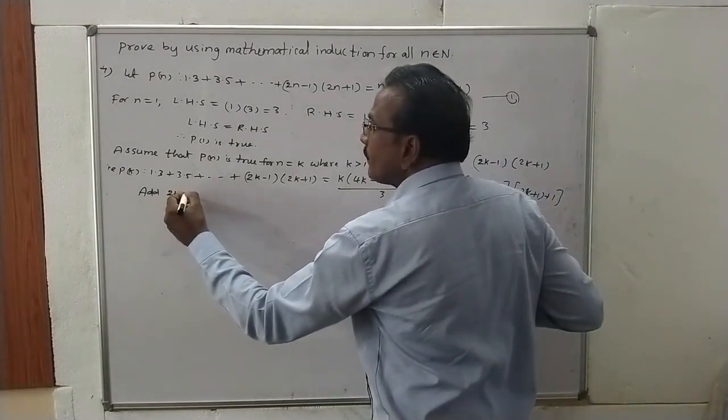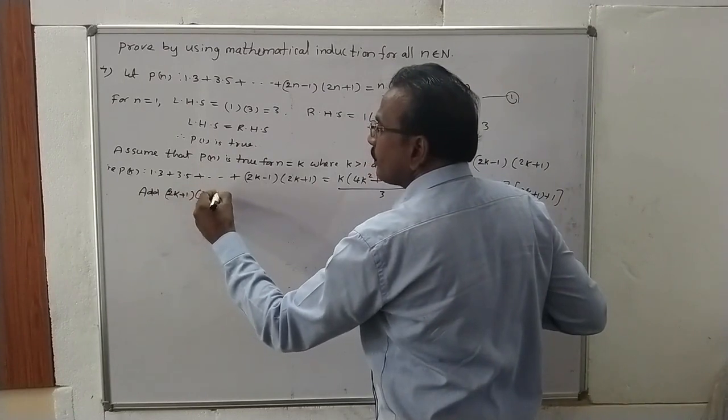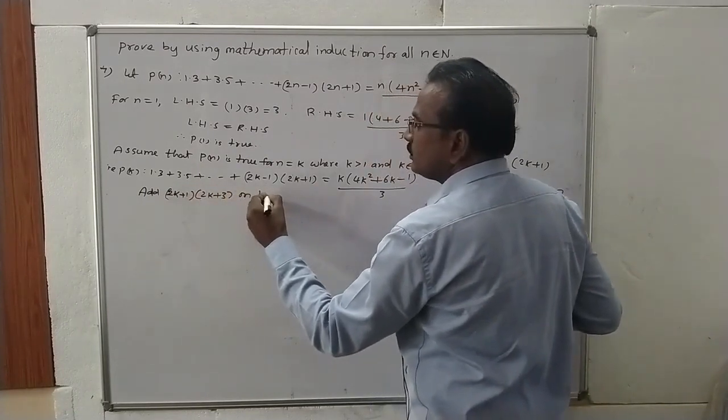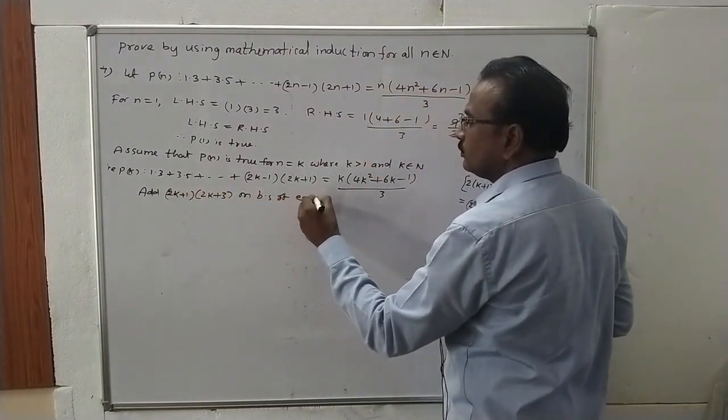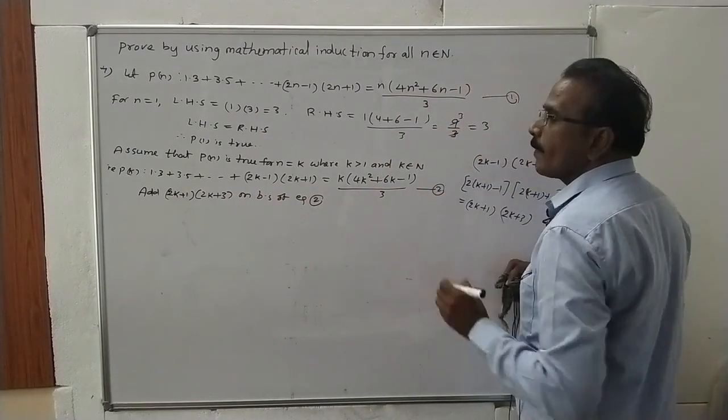Add this term, 2k plus 1 into 2k plus 3, on both sides of equation 2. So this is equation 2.